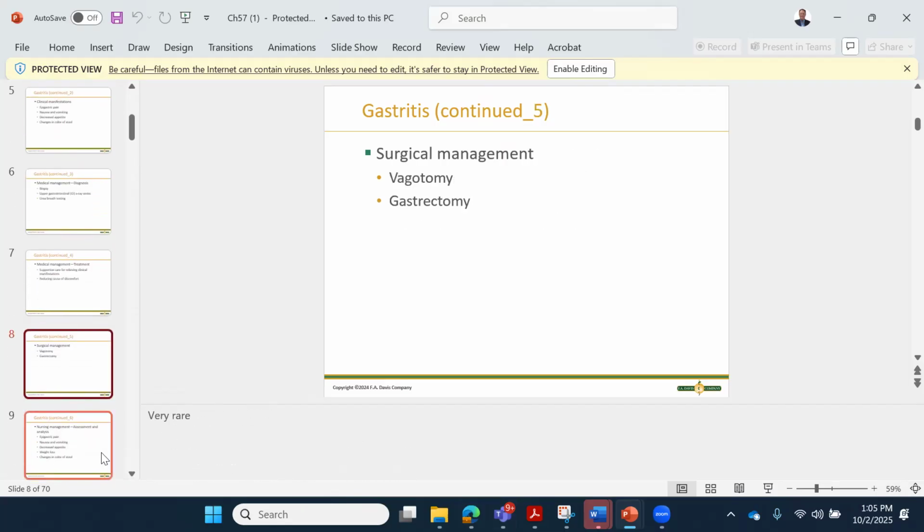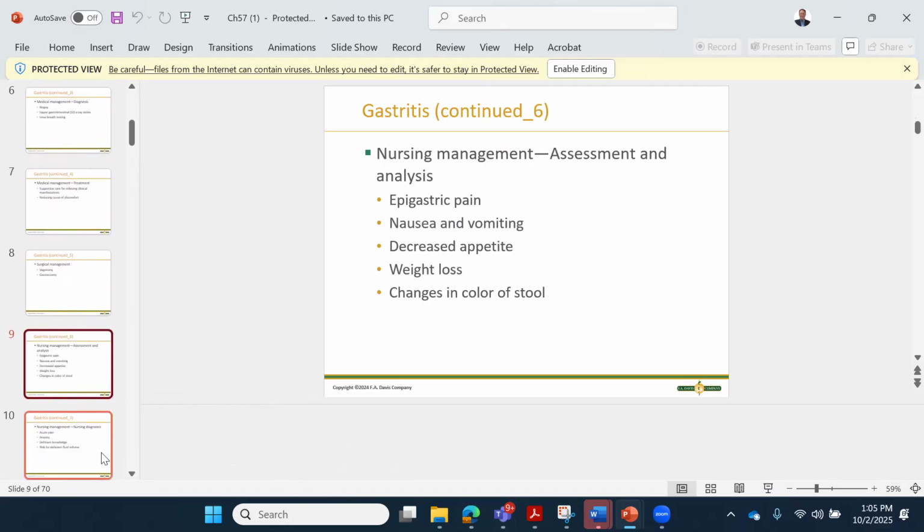Also, there can be surgical management, including a vagotomy or a gastrectomy. These types of surgical managements are relatively rare for gastritis because most of the time they can be managed medically.